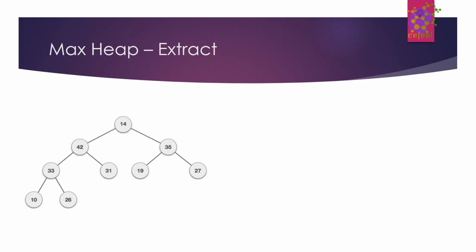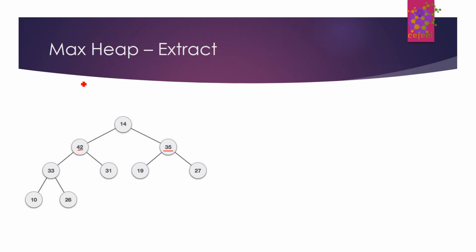So we will get this, which means 14 will now be the new root, but since 14 is now the new root, the heap property is violated. Why? Because it's a max heap and the element at the top should be the maximum element. Now in this case 14 has two children, 42 and 35, both are greater, and in the heap the maximum element should remain at the top.